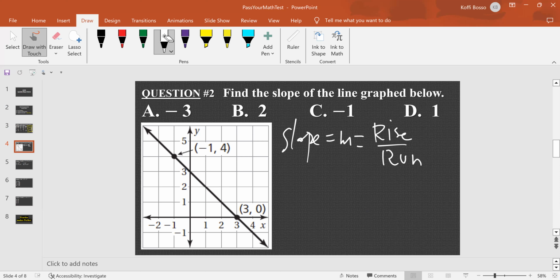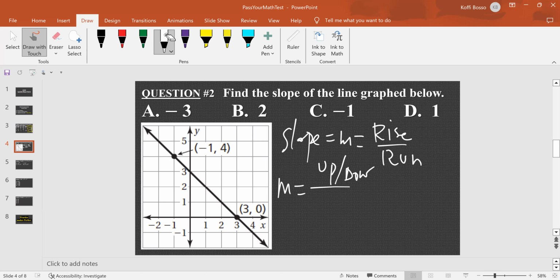Okay, what does that mean? Here we have 2 points on the line. So what we'll do is move from one point to the other point. The rise means here we have to move vertically. It can be up or down.